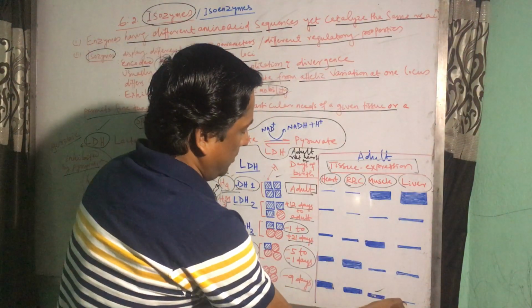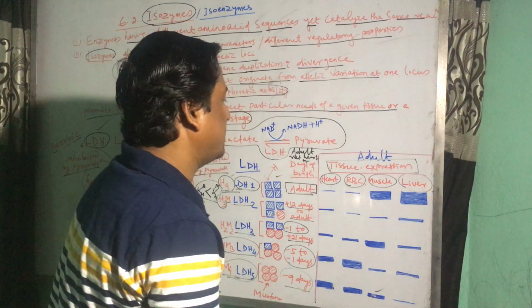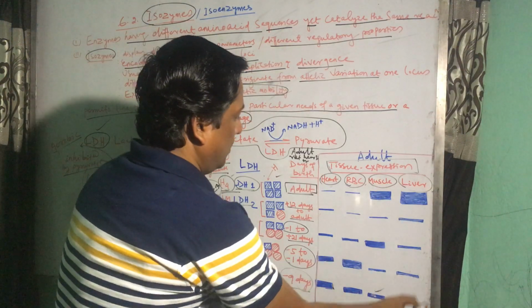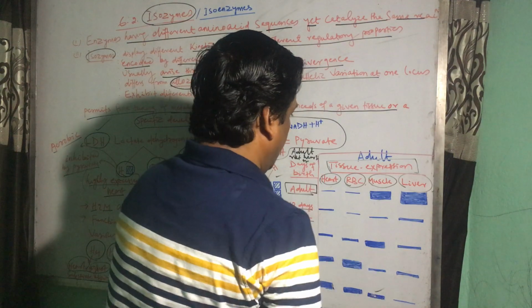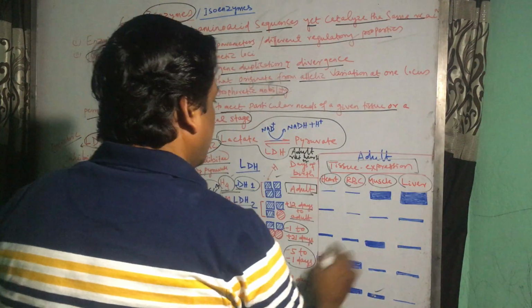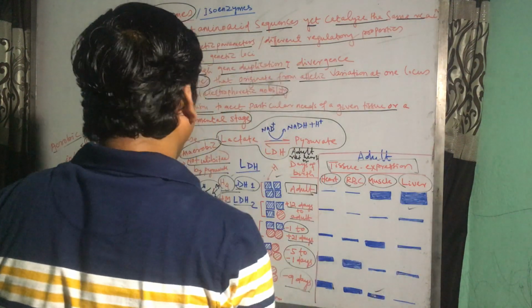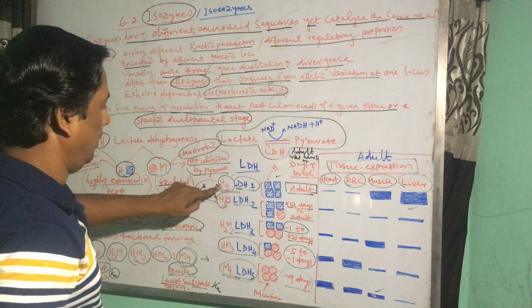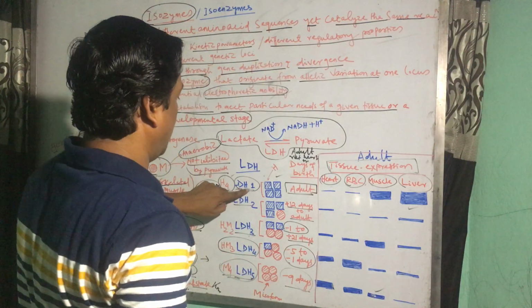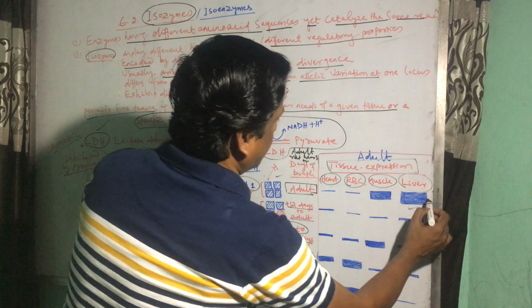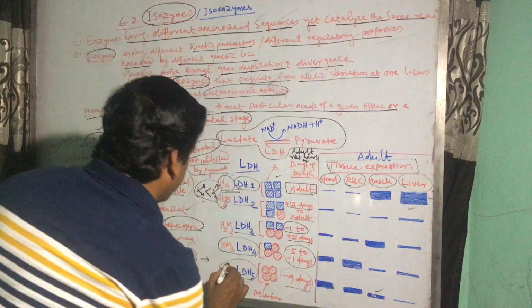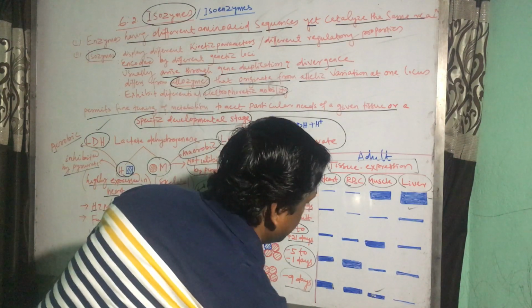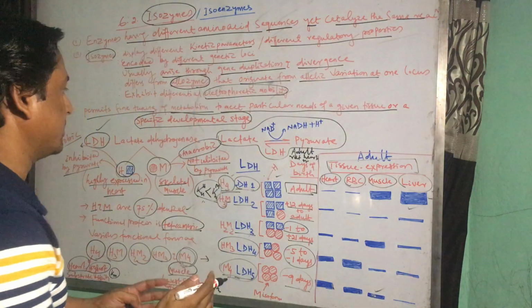Similar is the case for liver cells because they are exposed to oxygen in adult tissue, and this H4 isoform, or LDH1, is expressed at the highest level in liver, and this M4 is least expressed in the liver cell.